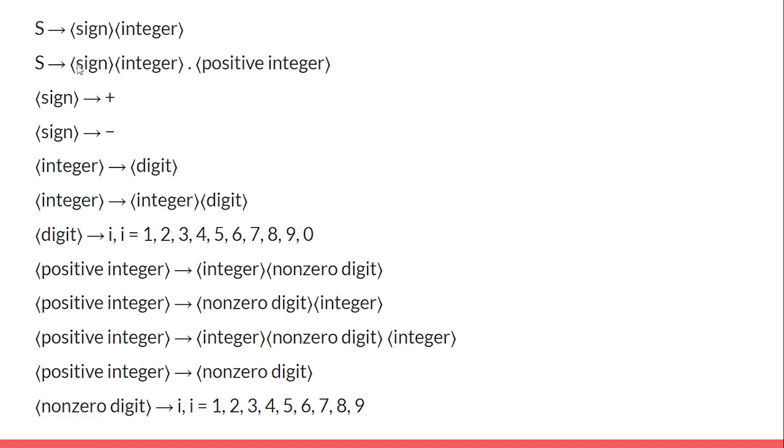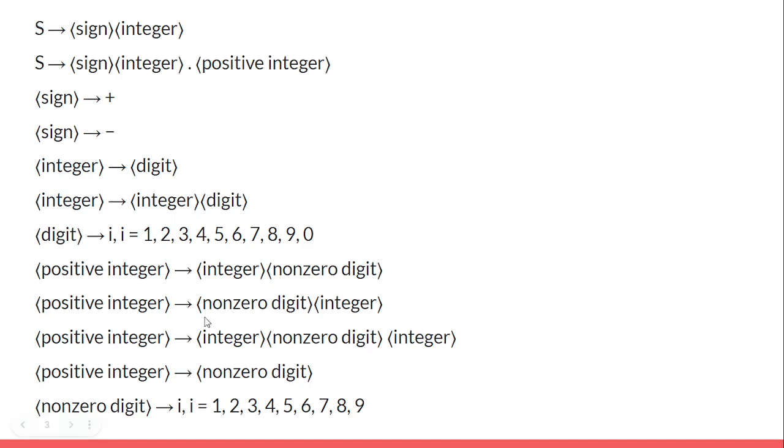Then if it is a decimal number we have to represent, we have to use a positive integer after the decimal point. So positive integer can be replaced with integer or a non-zero digit. It can also be directly replaced with a non-zero digit, or the non-zero digit can be present before the integer, and positive integer can also be replaced with integer, non-zero digit, and integer again.